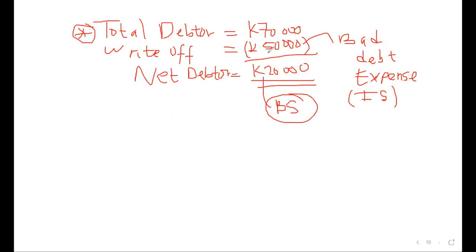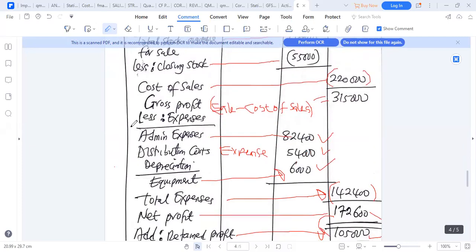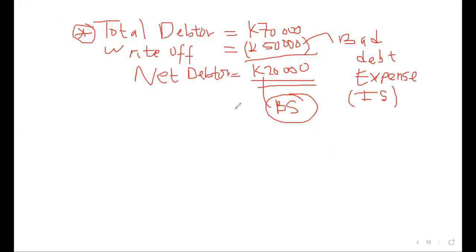The write-off is just an expense we incur that will go under expenses in the income statement, as a bad debt. It should also go to the balance sheet to show that it has reduced the debtors figure from 70,000 to 20,000. That's the treatment it will have. This is 50,000.